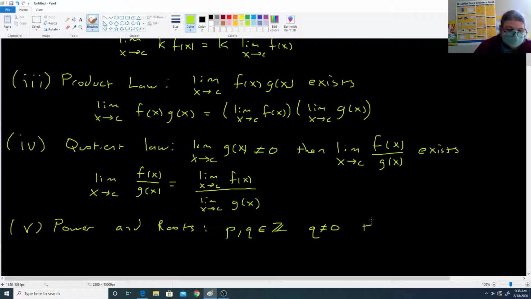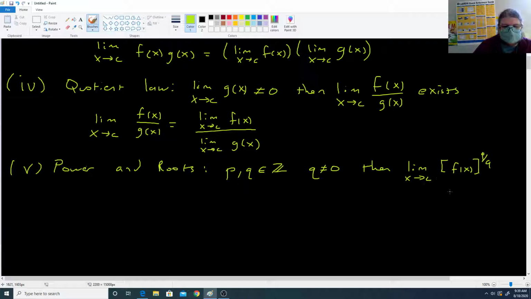Then the limit as x approaches c of f of x to the p over q exists. Again, if q was 0, we'd have division by 0 in the power, which would cause problems.